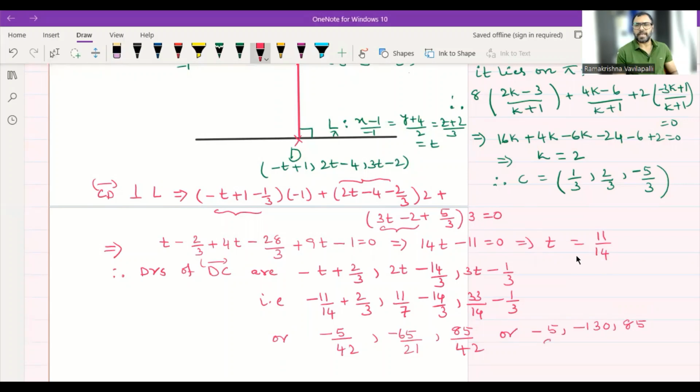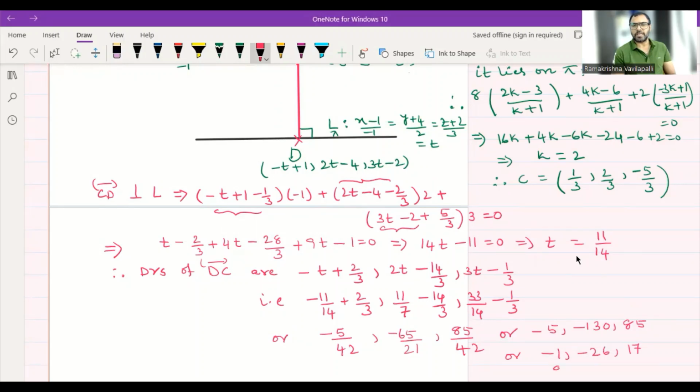So this is A and this is B and this is C. Okay, let me check it once again. So here these are all divisible by 5. So let us remove the common term because their GCD must be 1. So minus 1, it is minus 26 comma 70.